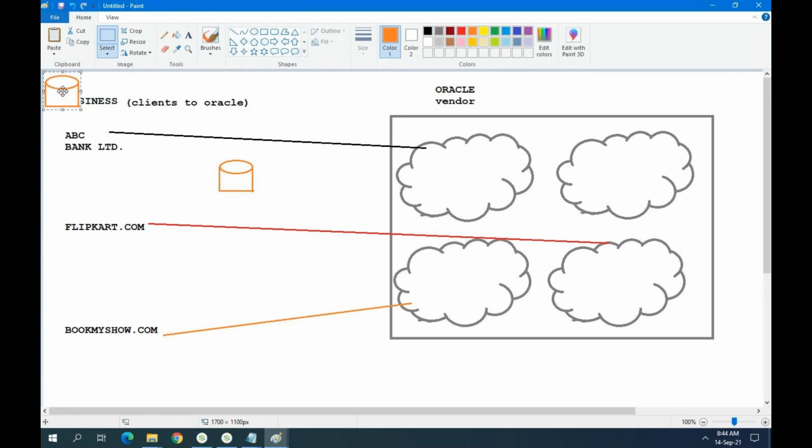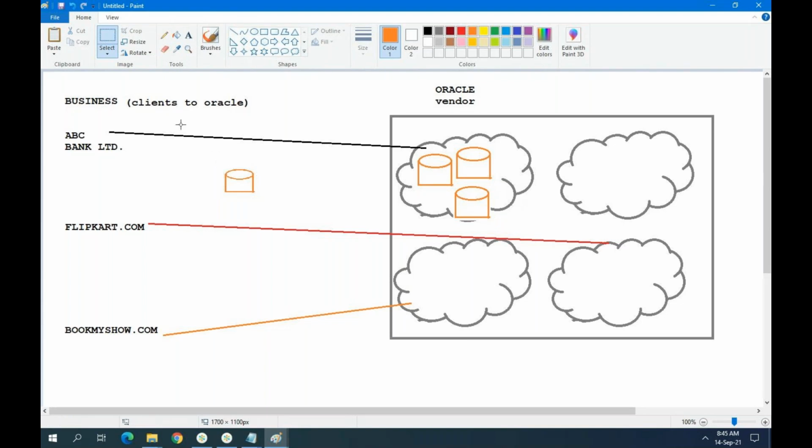Here, first branch, next, for the bank, second branch, and the same for another branch. Like this, within the cloud only, they are maintaining some partitions.